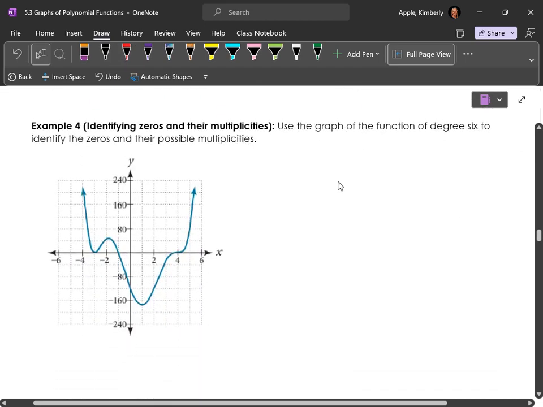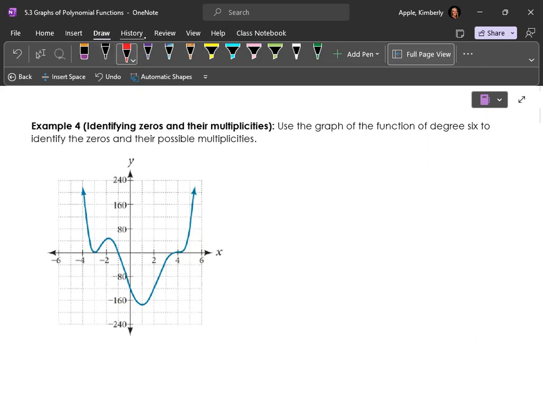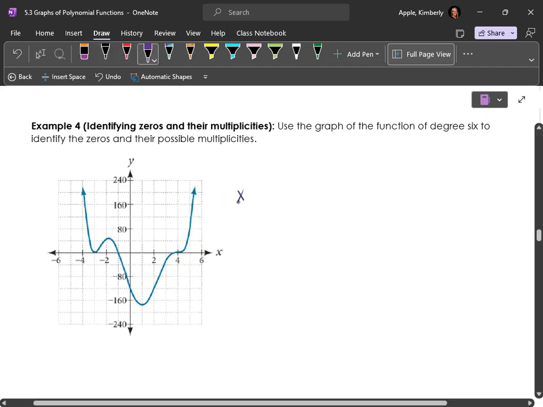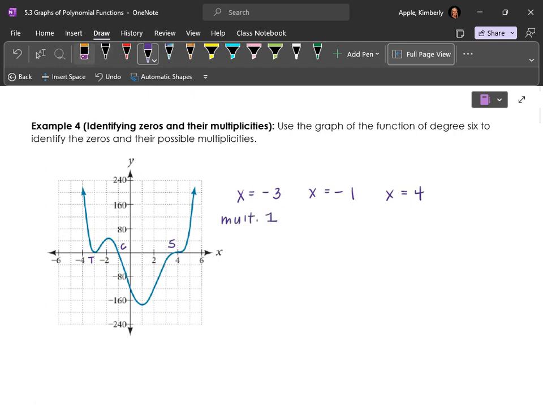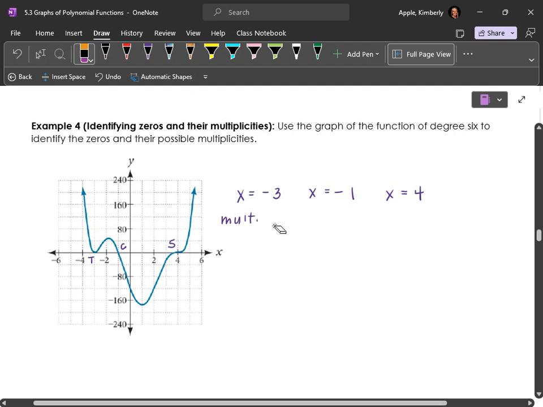So identifying zeros and their multiplicities. The first 0 occurs at x equals negative 3. And notice here we have a touch, here we have a cross, and here we have a saddle. I just labeled that on the graph. So this would be at negative 1, this would be at 4. And so the possible multiplicity for negative 3 is, and we'll abbreviate multiplicity, we would say 2, because it does that bounce or touch.